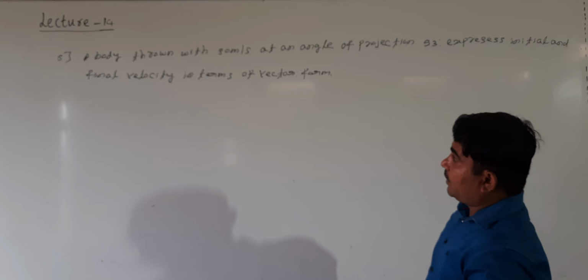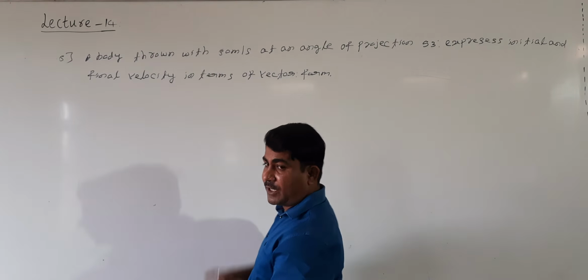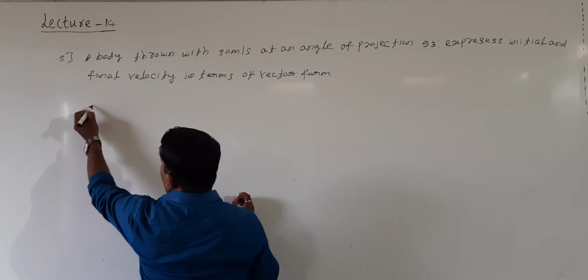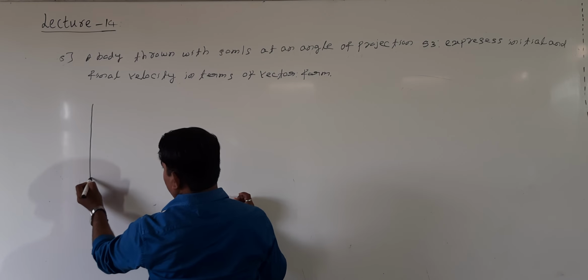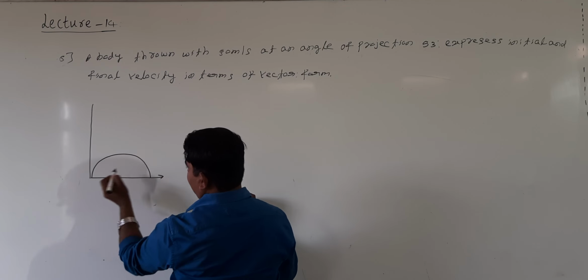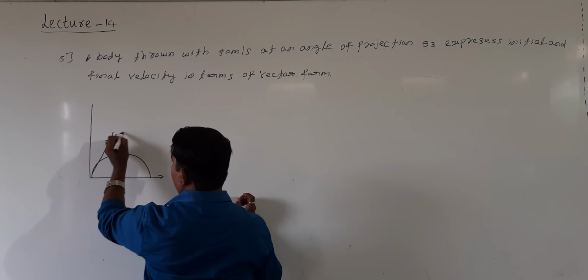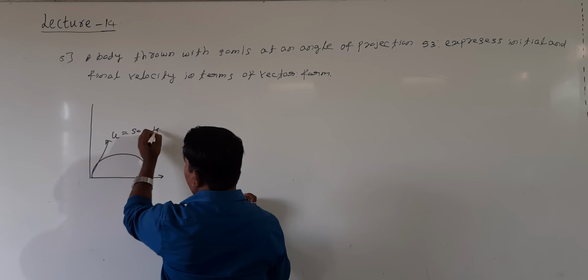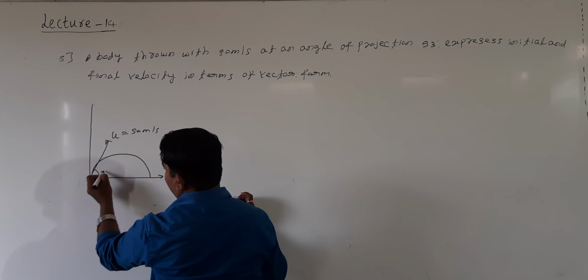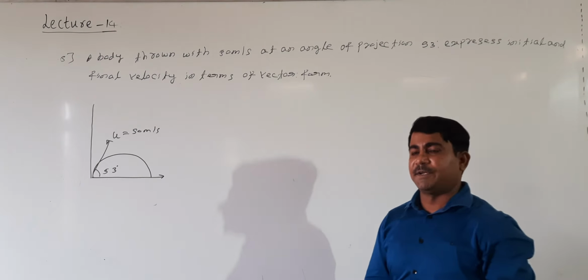This is a projectile. How the body is projected? In this direction the body is projected. This is the initial velocity, U equal to 50 meter per second, at an angle of projection 53 degree.